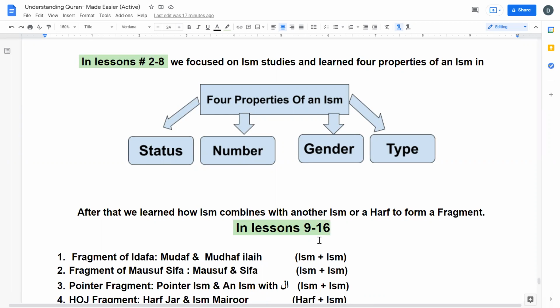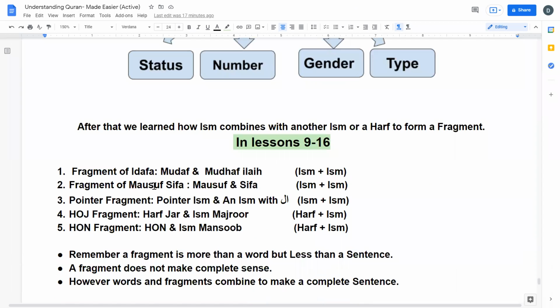So in lessons 9 through 16, we learned fragment of idafa. And you know, fragment of idafa is a combination of 2 ism. One is mudaf, the owned ism, and mudaf ilayh is the owner or the possessor.